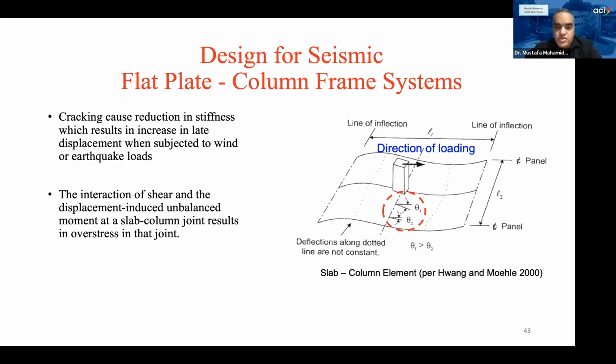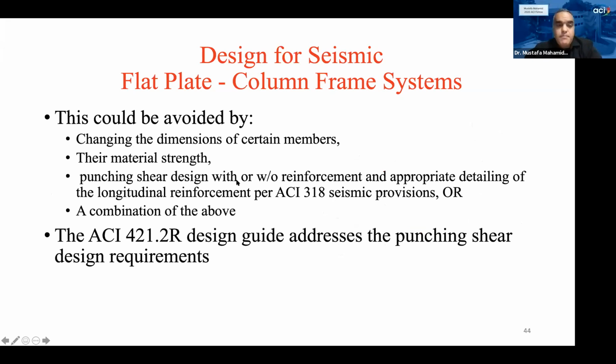So this could be avoided by changing the dimensions of certain members, the material strength, punching shear design with or without reinforcement, and appropriate detailing of the longitudinal reinforcement, and then all the combination of the above. So we can change the dimensions, we can increase the material strength, and we can also use reinforcement.